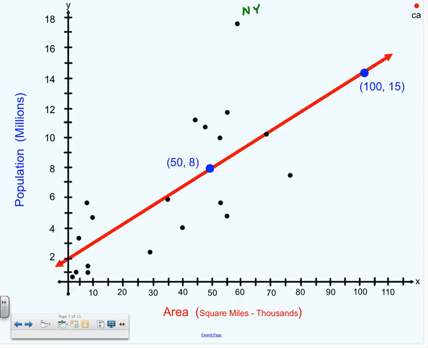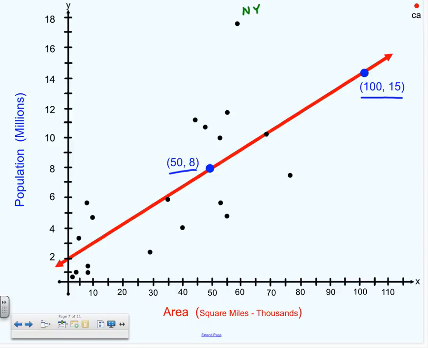And then what you need to do is find 2 points on that line. And once you find 2 points on that line, there's a lot of things you can do. So here are the points that you're going to be working with: the points (100, 15) and (50, 8). And if you remember back to our I can statements, I want you to use these 2 points to find the slope and the y-intercept.